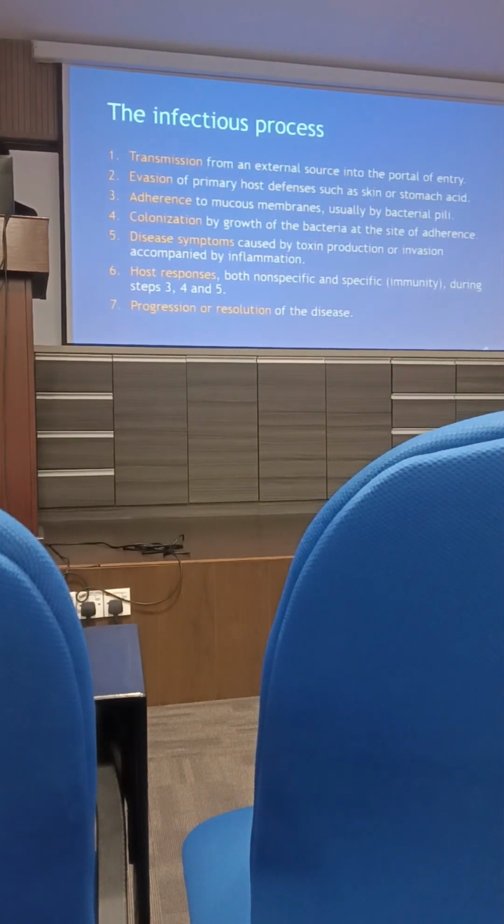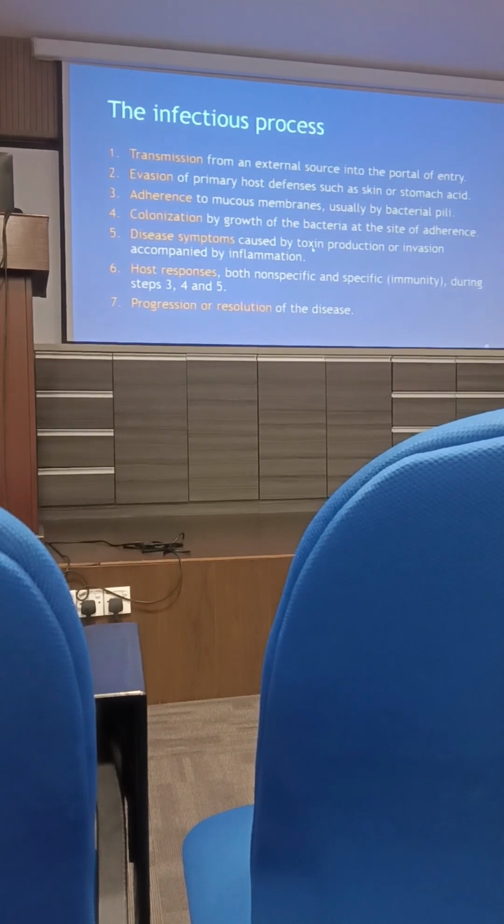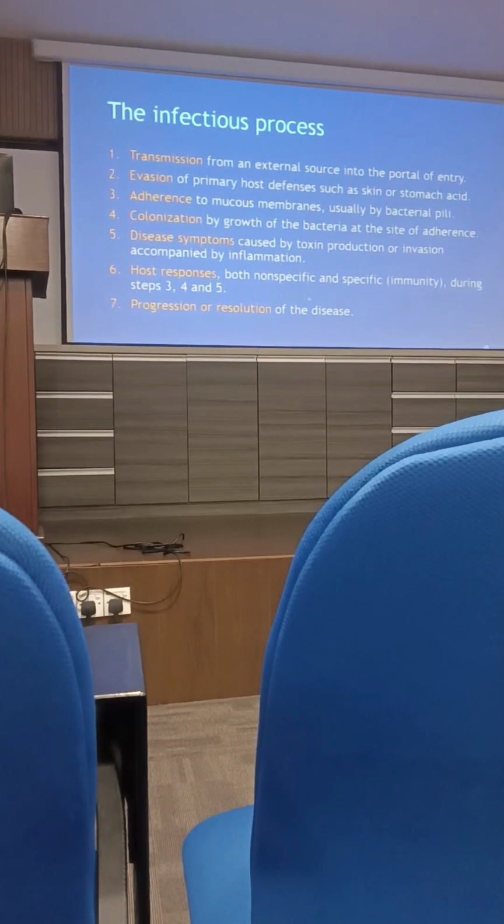So this is just a summary of the infectious process. So bacteria needs to transmit from external source, evade the host, adhere, colonize, and then cause disease symptoms, and then cause specific and non-specific host response, and then it either progresses or resolves.